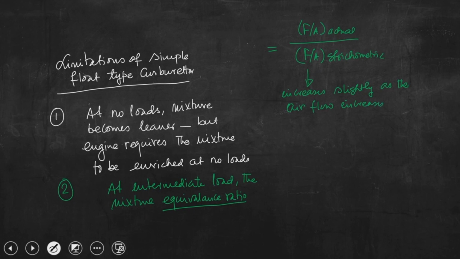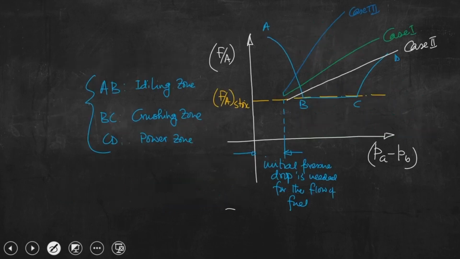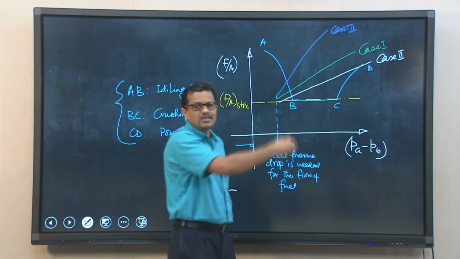But the engine requires almost constant equivalence ratio. So, this is very important. Let us go back to the previous slide. So, this is the intermediate stage of operation, that is the cruising zone.